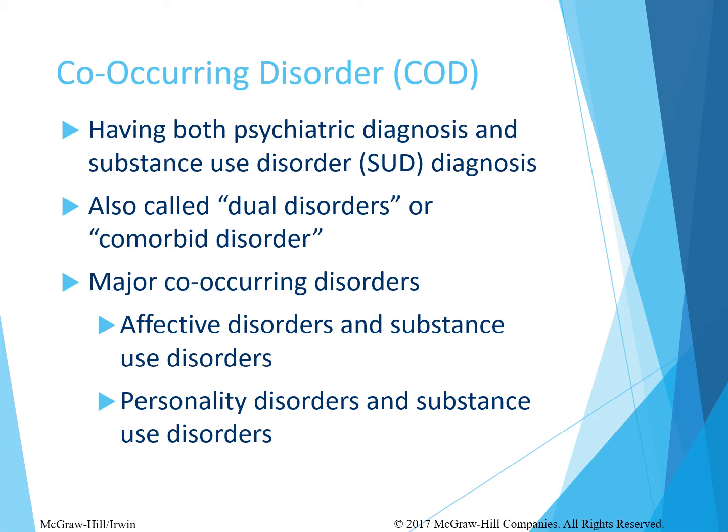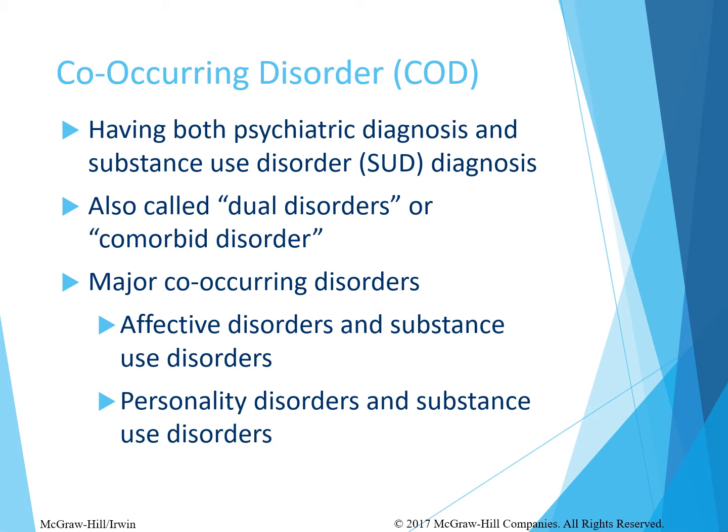For example, maybe your client smokes marijuana to cope with the voices that they hear in their heads from the schizophrenia. Or lastly, the fourth quadrant, you may have severe mental health symptoms and severe substance use disorders. Obviously, with the high quadrant, it is the most difficult to treat and requires lots of coordinated care.